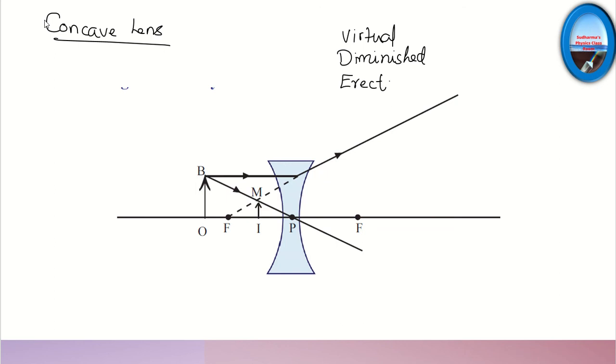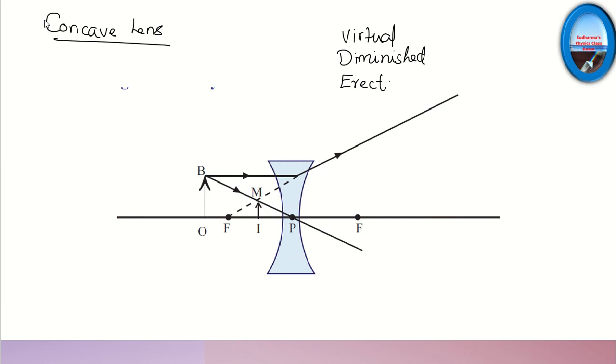If the surface is curved inward, it is a concave lens. But the question is without touching it. So with the printed sheet of paper, you have to observe through the lens. If that lens is a convex lens, you will see the image bigger. If the lens in your hand is a concave lens, you will see a smaller image. That is the answer for that question.